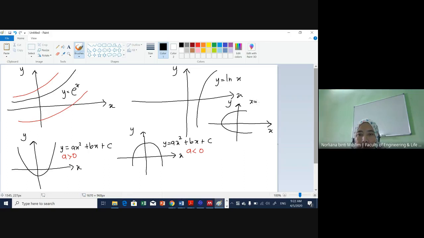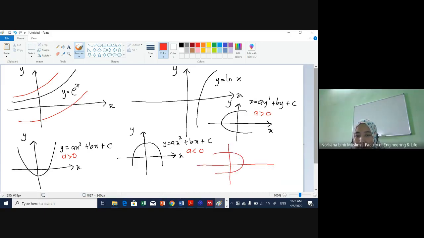The subject will be different. So in this case we have A positive, or we can have it like this. So the equation is x. This is when A is negative.